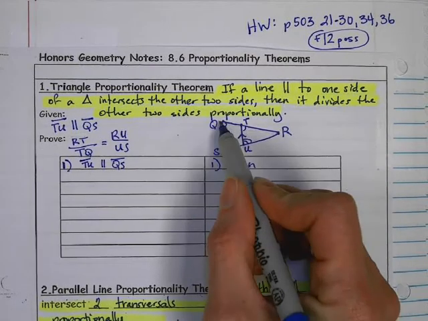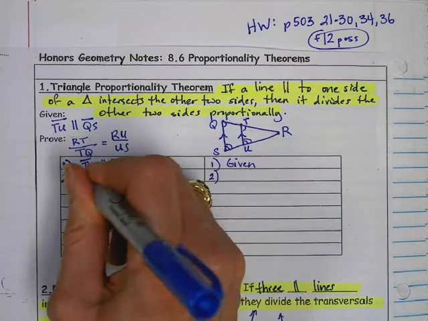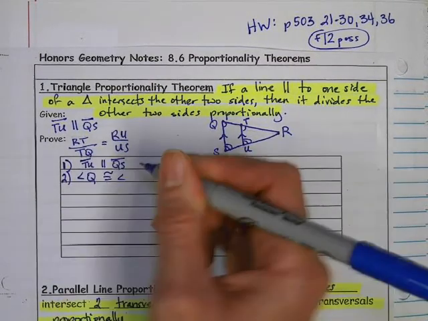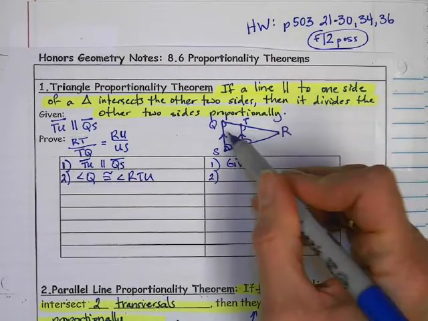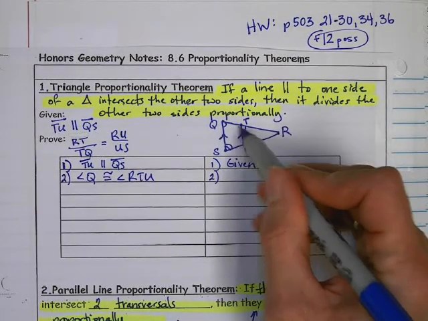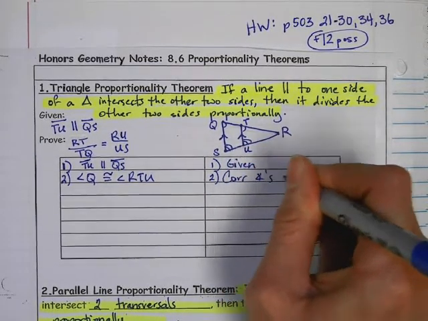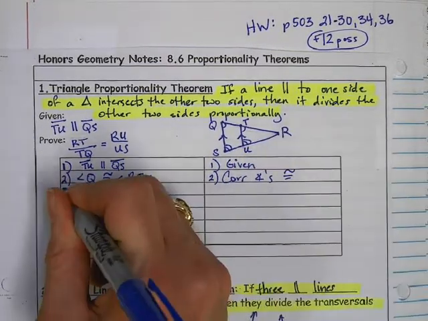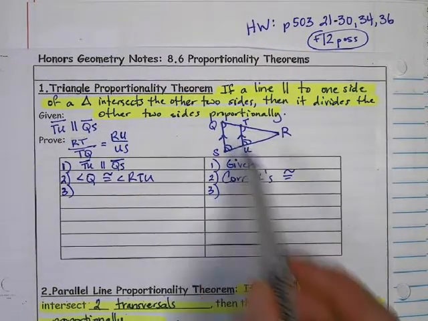And you can see that those have already been marked in the picture, so we need to write that in our theorem. Angle Q is congruent to angle RTU. And that is, obviously, if parallel lines, then we have corresponding angles congruent. So we're going to put corresponding angles congruent. And then remember, that only happens if the lines are parallel.